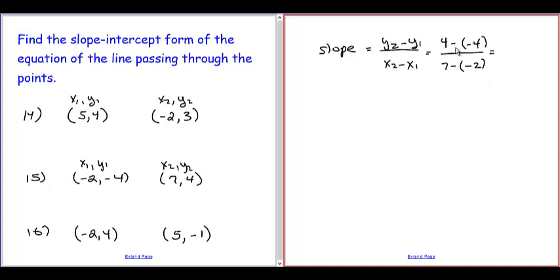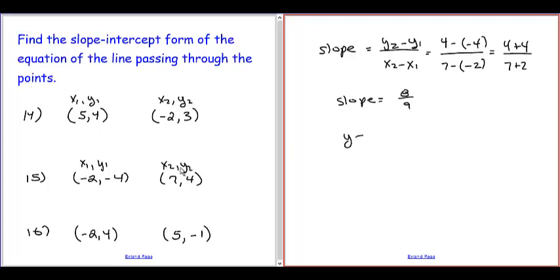So let's do this additive inverse of a negative number. The additive inverse of negative 4 is positive 4. The additive inverse of negative 2 is positive 2. Okay, so we're going to get 8 ninths. That's our slope.